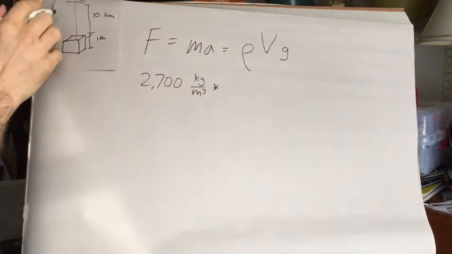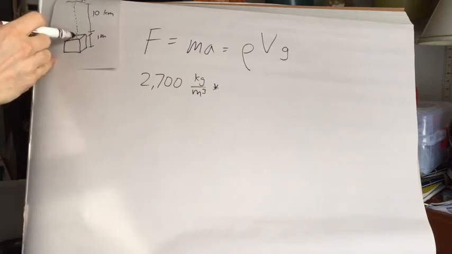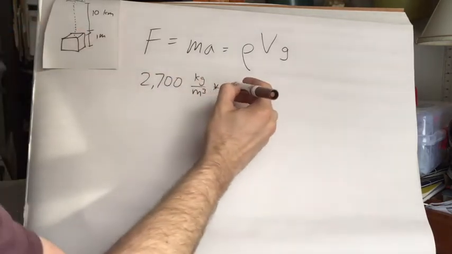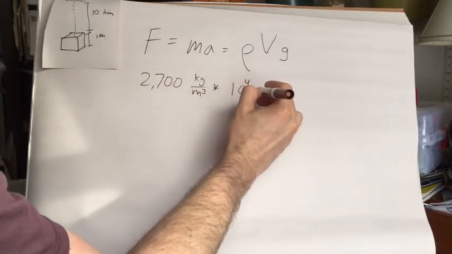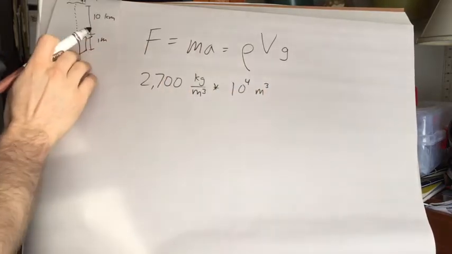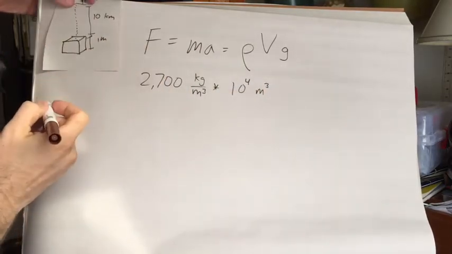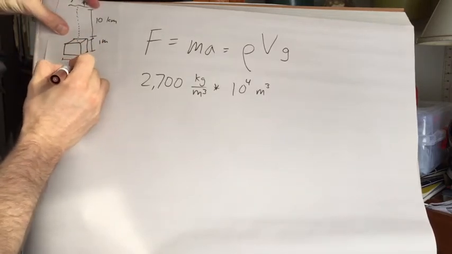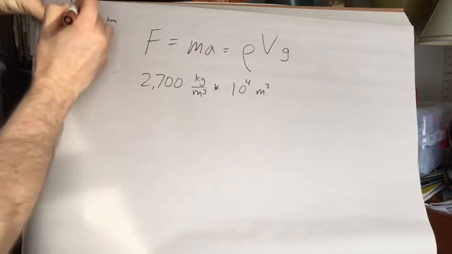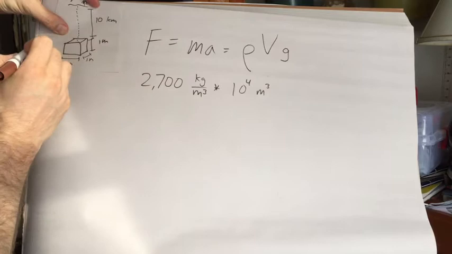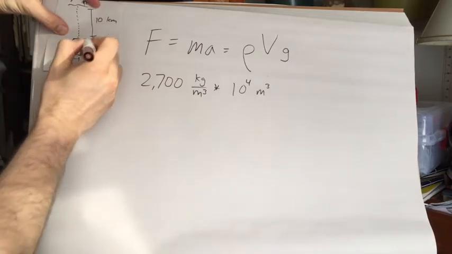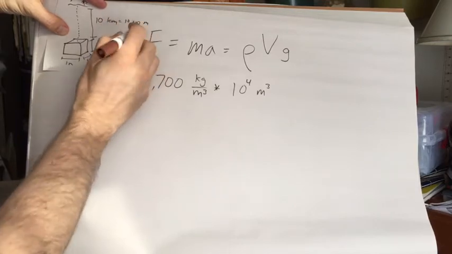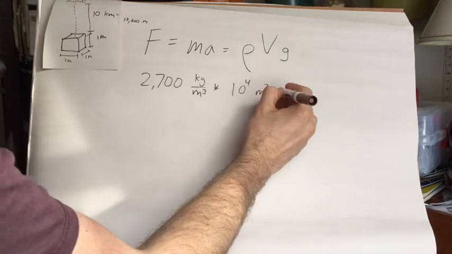The volume of rock overlying the cube of rock that we're talking about is going to be 10 to the 4 meters cubed. We get that from 1 meter times 1 meter times 10 kilometers, 10 kilometers being 10,000 meters, 10 to the 4.